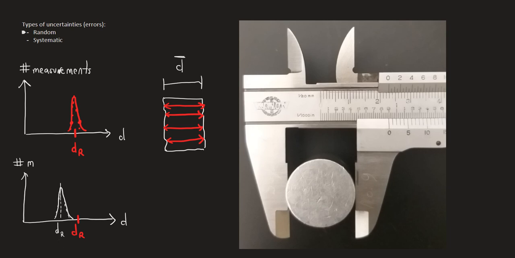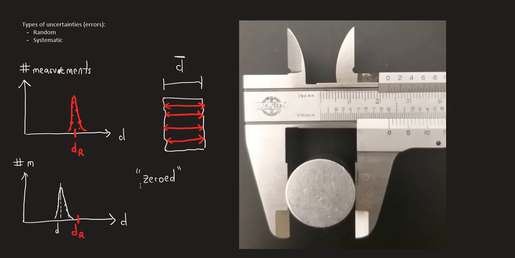This displacement tells us that maybe the calibration is not so good. It is not zeroed accordingly. The zeroing is the fact that we need this zero here to match with the zero here. So this is a mistake in the calibration.